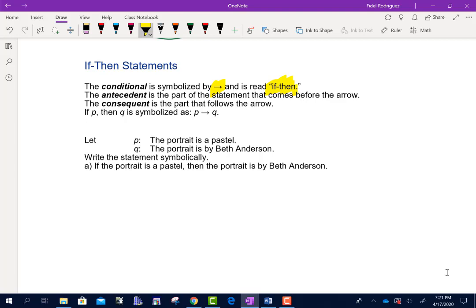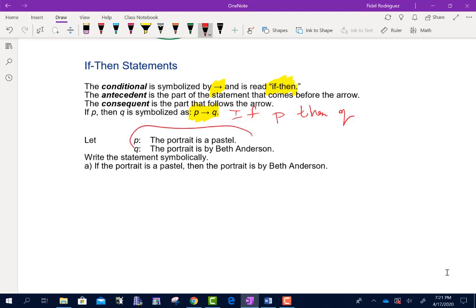Something we call the antecedent is the part of the statement that comes before the arrow, and the consequent is the part that comes after the arrow. So the way I read this, I read that as if P, then Q, okay?